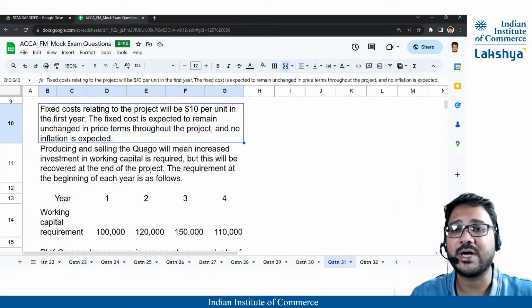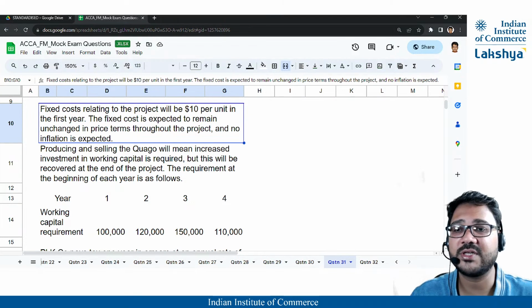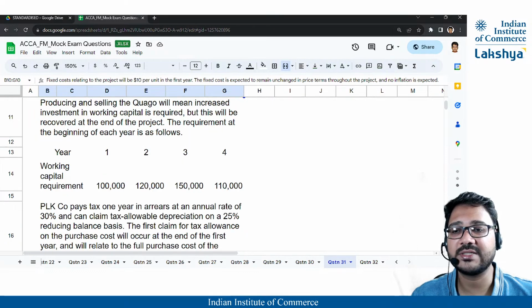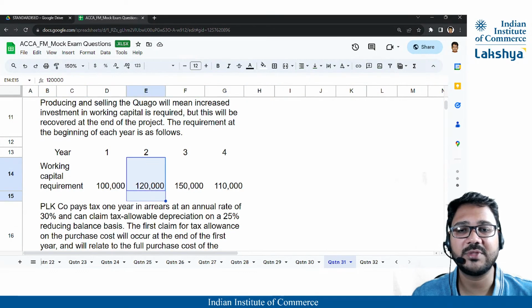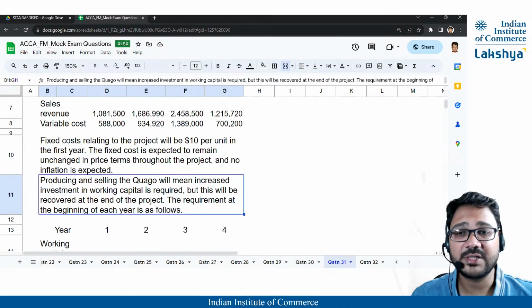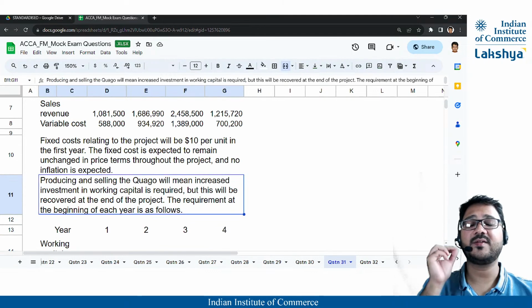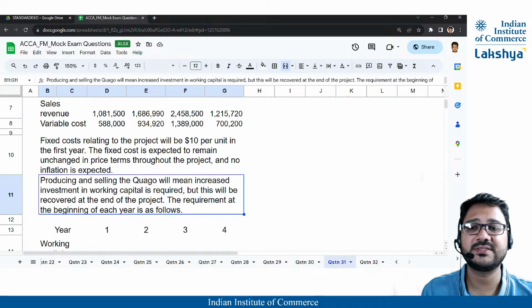Producing and selling the cargo will mean increasing investments in working capital is required, but this will be recovered at the end of the project. The requirement at the beginning of each year is as follows. So, working capital requirements have been given to us. But remember that, again, students forget this.